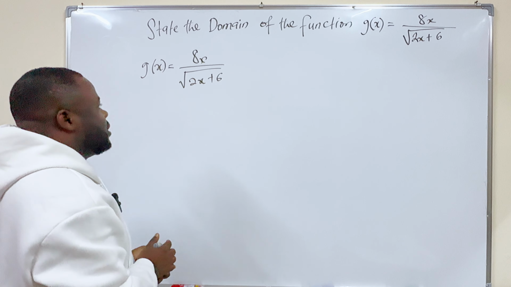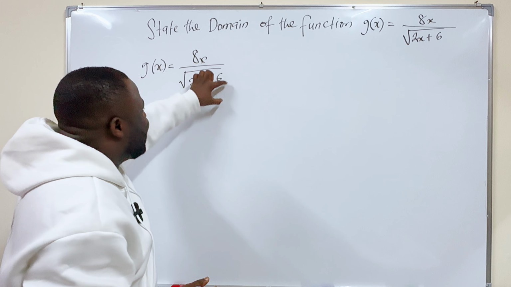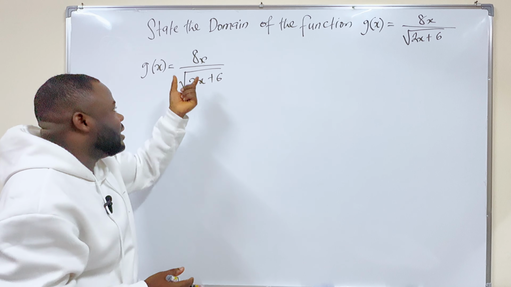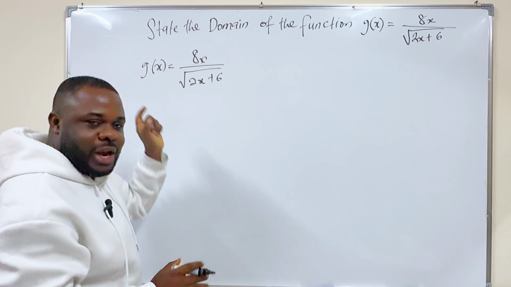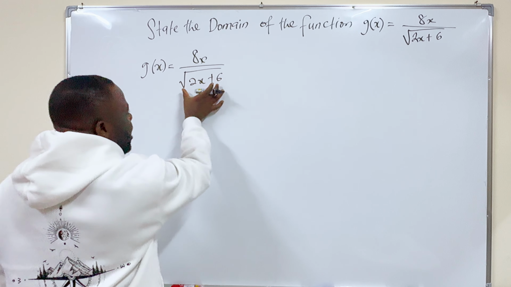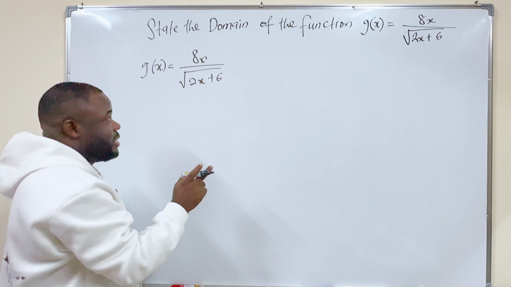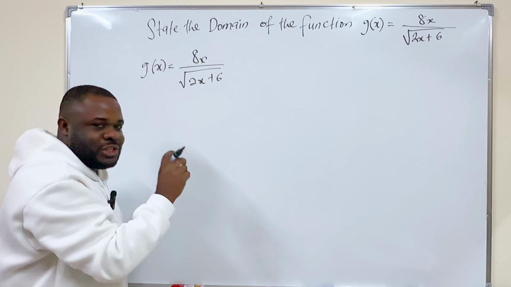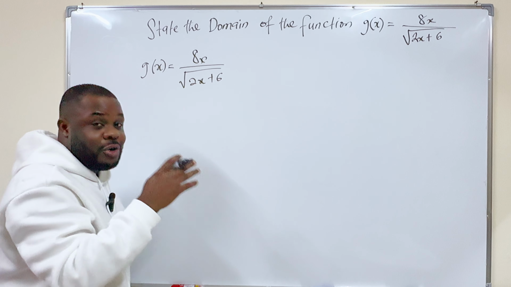So if this entire denominator equals 0, the entire function will be undefined. We have two conditions here. The first condition is that the radicand, what is inside the radical sign, must be greater than or equal to 0.